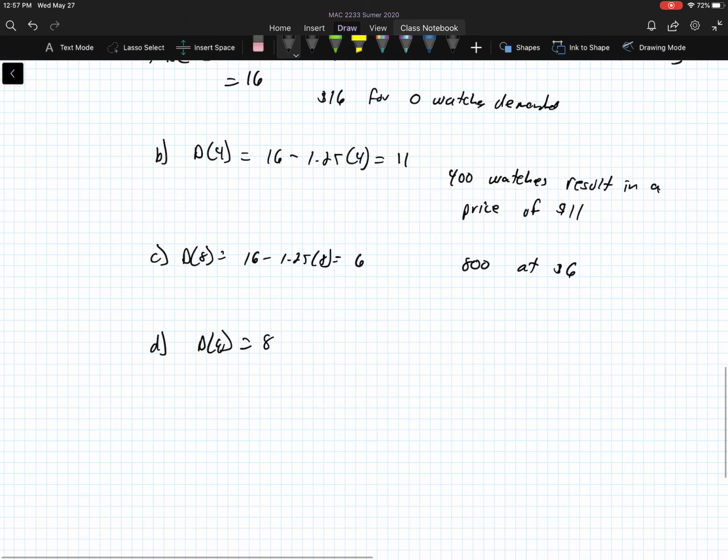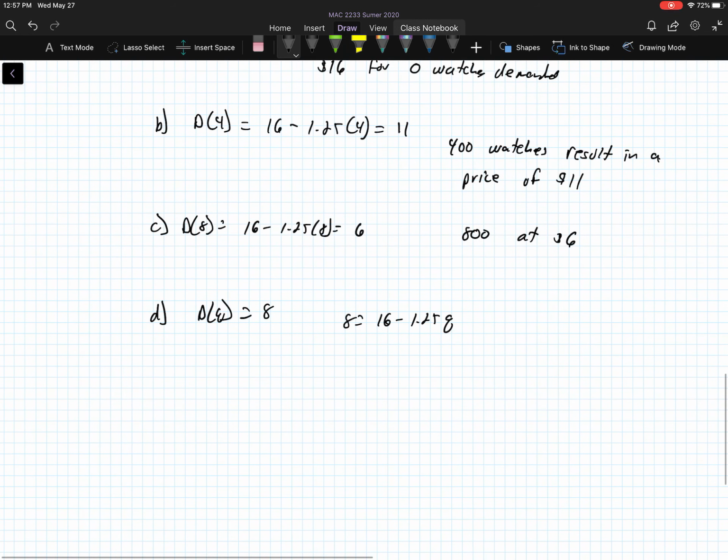when D of Q is equal to 8? So here we're going to do 8 is equal to 16 minus 1.25 Q. And so here, what I can do now is kind of tweak this one a little bit. I'm going to rearrange this a little bit.